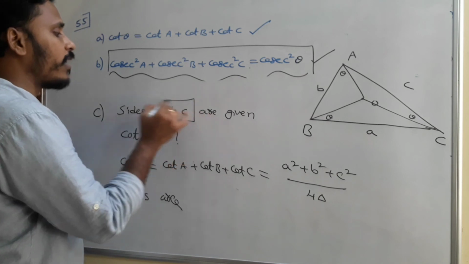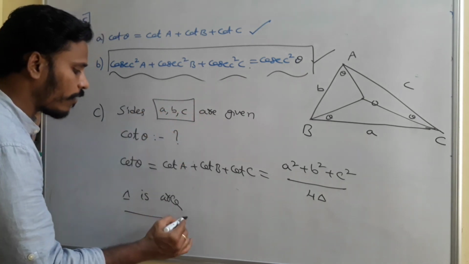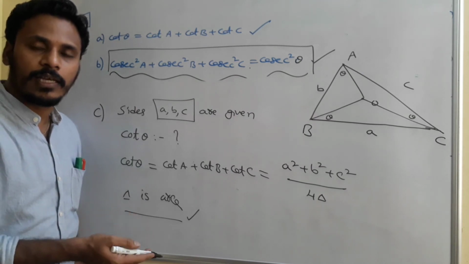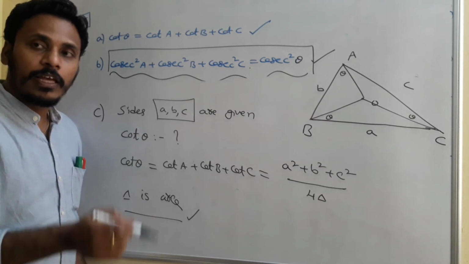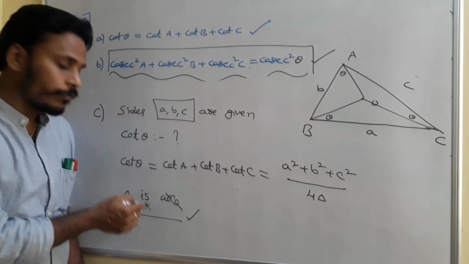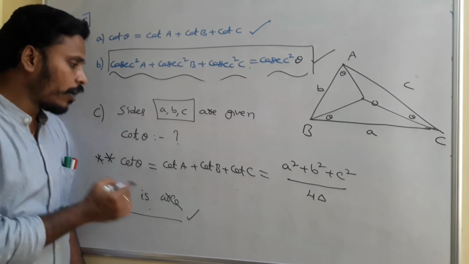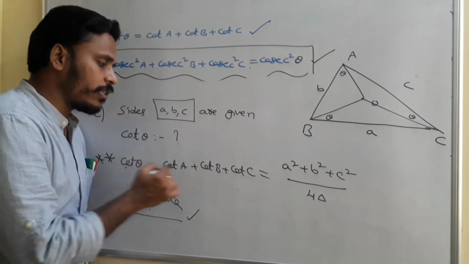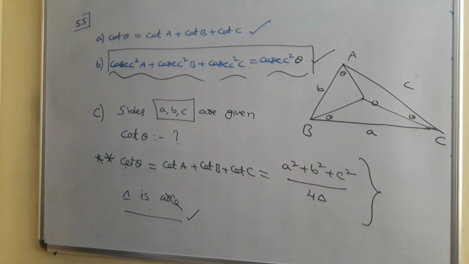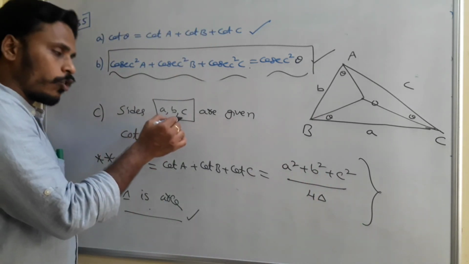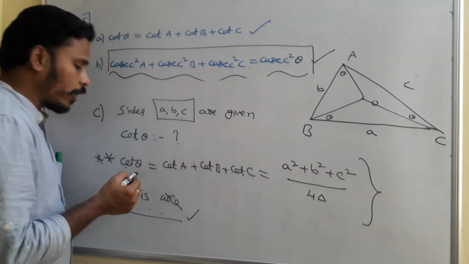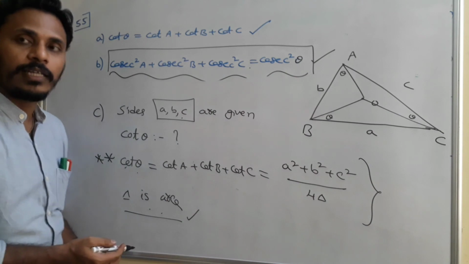After having the sides ABC, I think we all know the way to find area using different formulas, specifically root of s into s minus A, s minus B, s minus C. If sides are given, you first find the area, and then to find cot theta, use cot theta as this sum, which is equal to A square plus B square plus C square by 4 delta. So you have ABC, you have area delta, replace here, you will get cot theta, and from there specifically theta also.